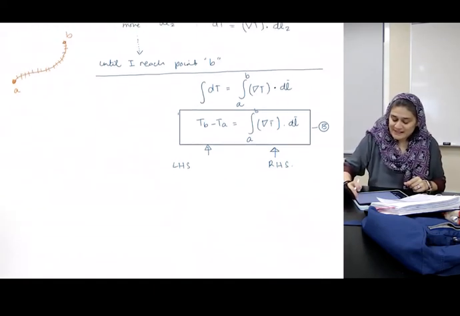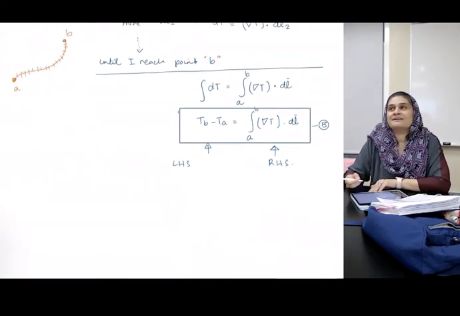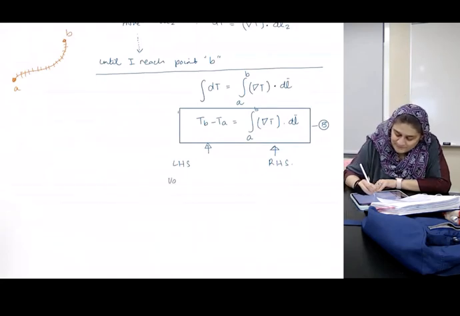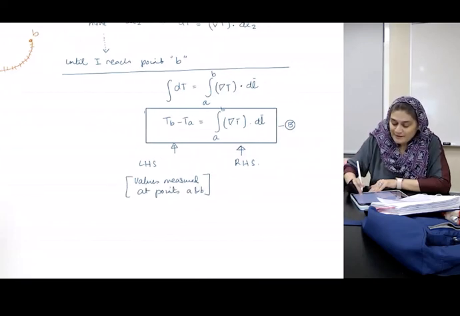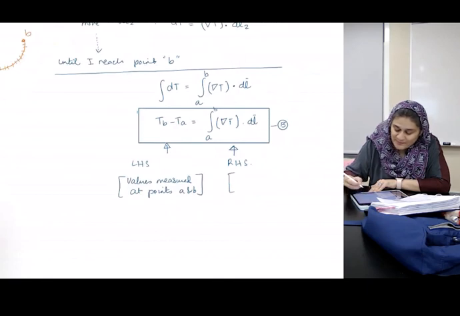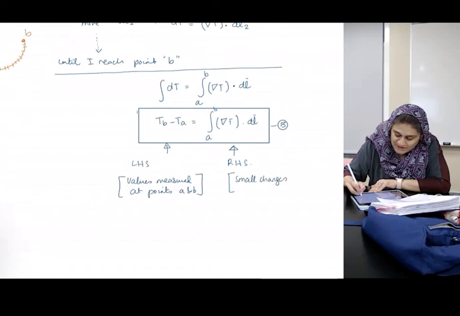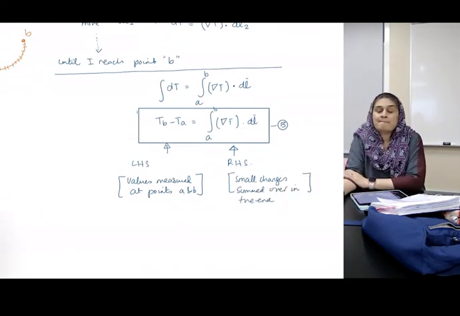So the left-hand side represents, how do I write this, values measured at points A and B, whereas the right-hand side represents small changes summed over in the end. Woo-hoo.